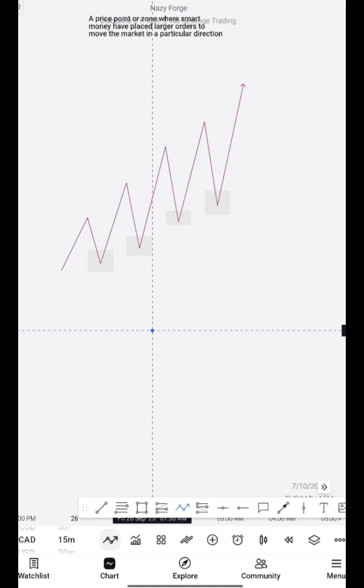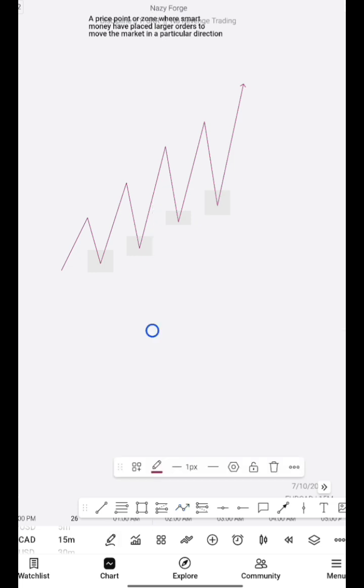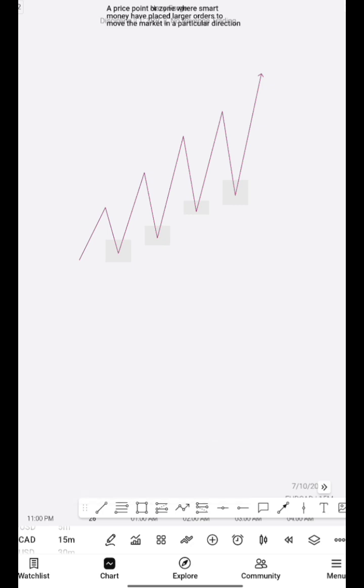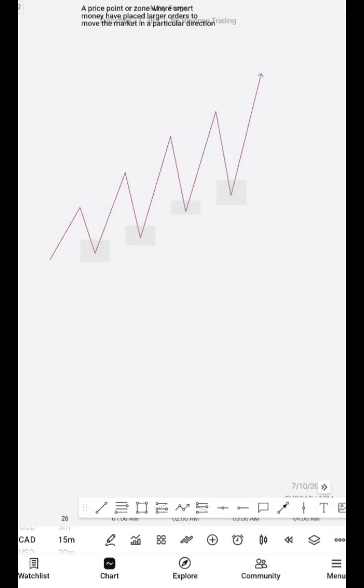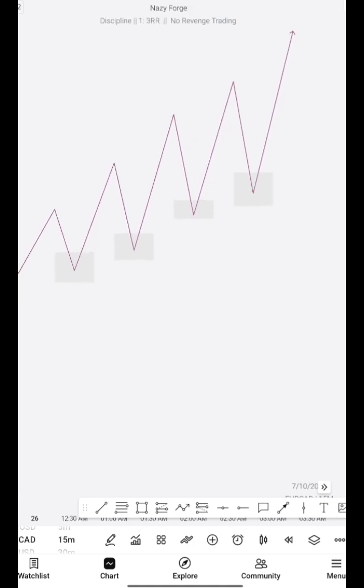But the question is, how do you identify an order block? This is how you do it. For an uptrend, you identify an order block by marking out the last down close candle in an uptrend, the last down close candle after it is engulfed by another candle.